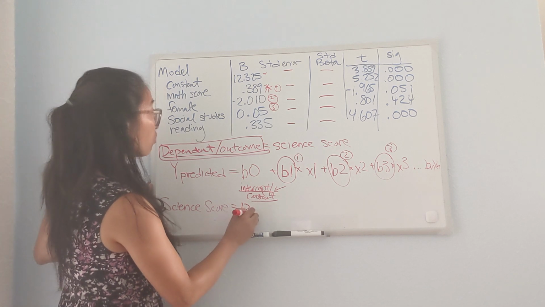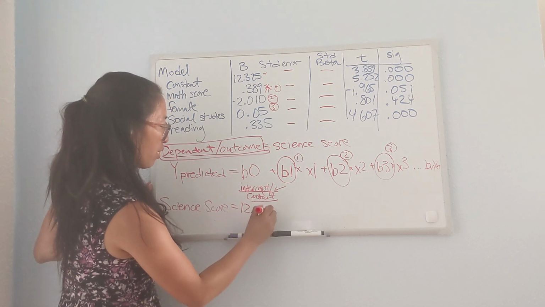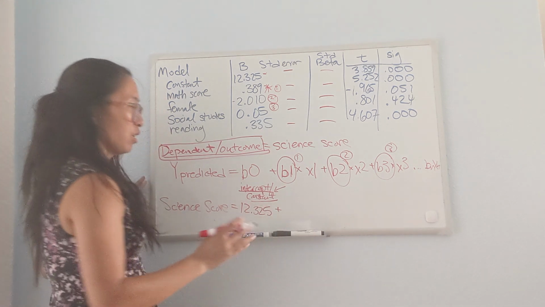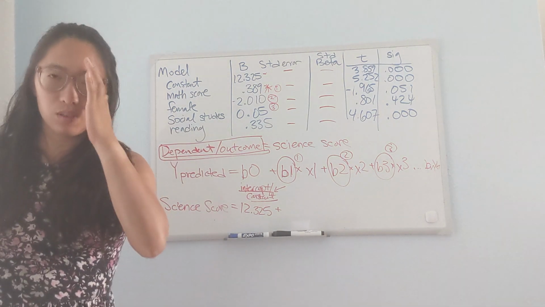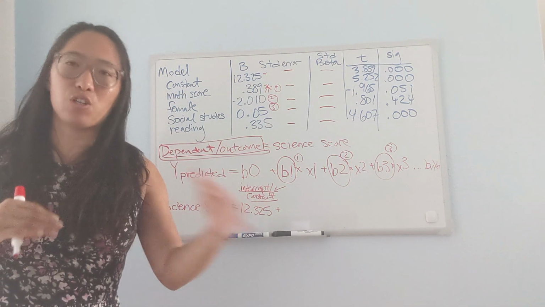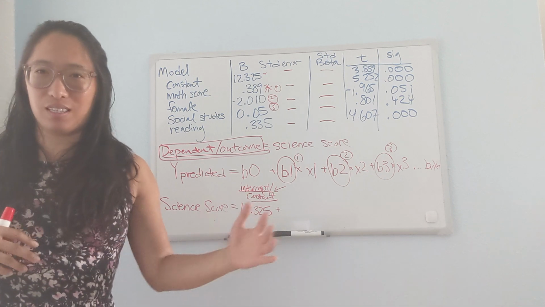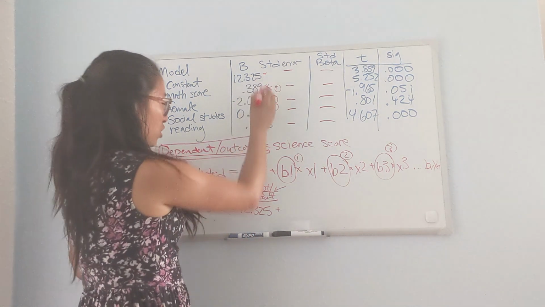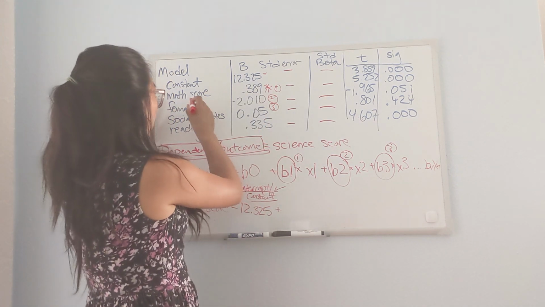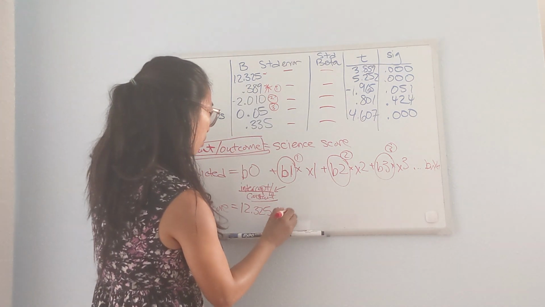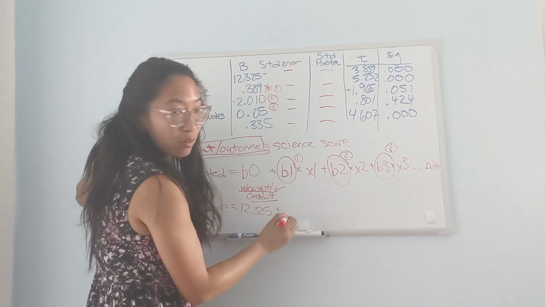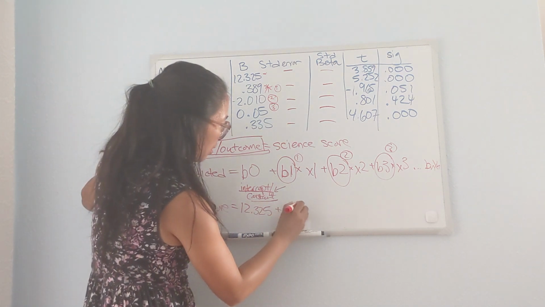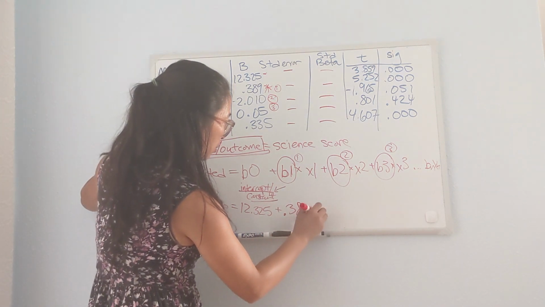So that's 12.325 plus, as I talked about in the lecture, regression is like a line. Regression is a line, right? That's what we're getting at. So this is our intercept plus our weight for math score, I'm just taking this directly from the table, right? 0.389 times math score.